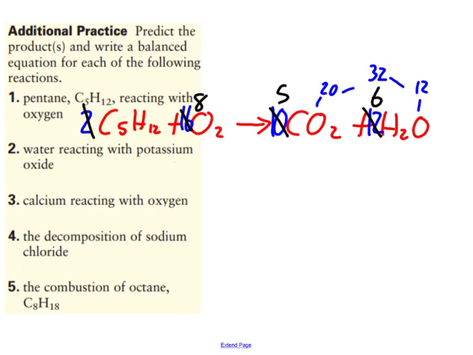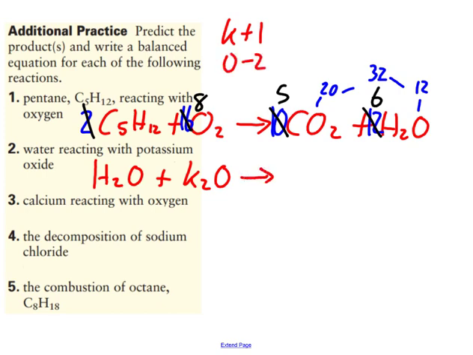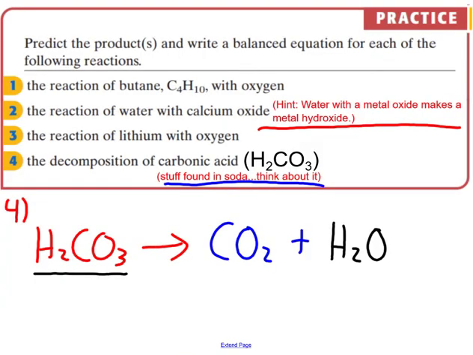Okay, next up we've got water reacting with potassium oxide. Let me just double check here. Let's see, potassium is a +1 and oxygen's a -2, so it looks like I balanced that out properly. And now, there was a hint about this on the last page, wasn't there? Let's see.